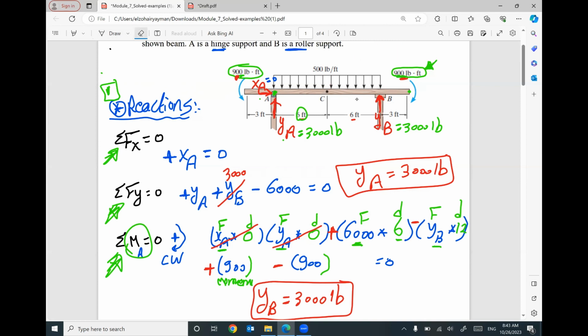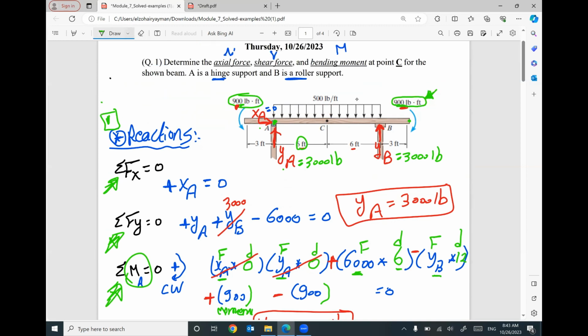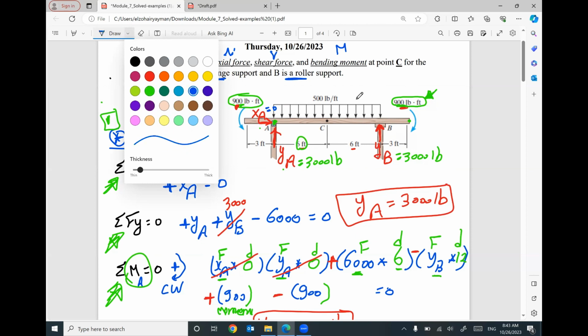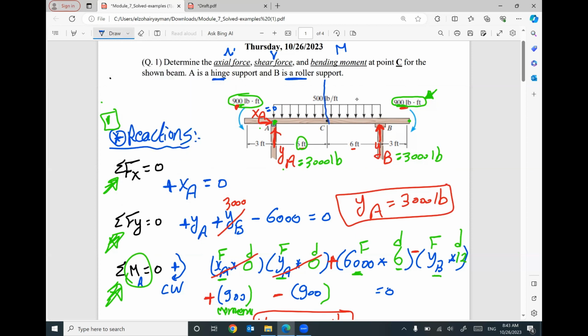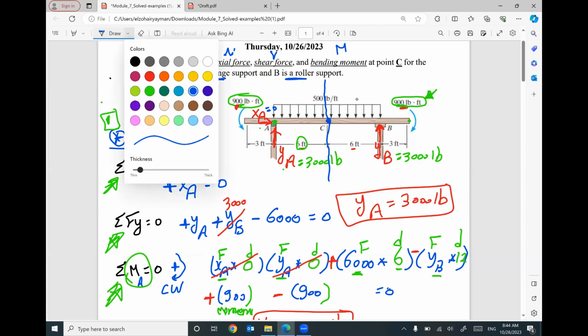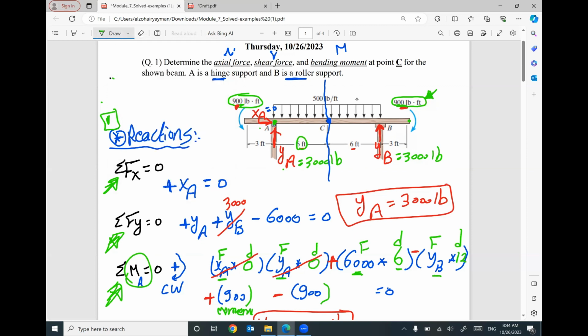Second step, if you remember, the second step is to solve for the internal forces: axial force, shear force, bending moment at point C. I will do a cut at point C. I will cut this beam into two parts, passing through point C. This cut will divide your beam into two parts, the part on the right-hand side and the part on the left-hand side.